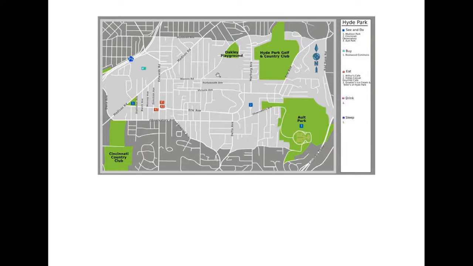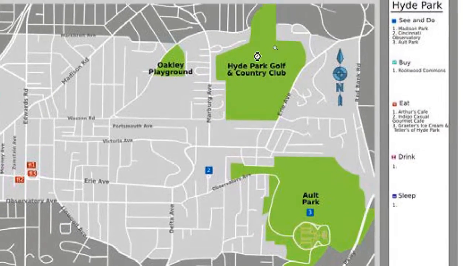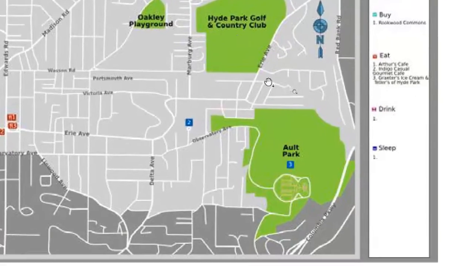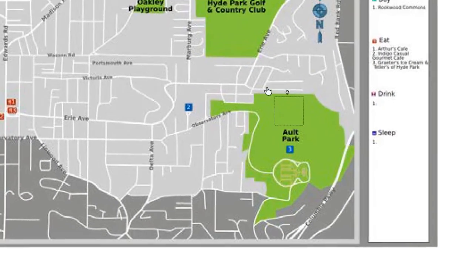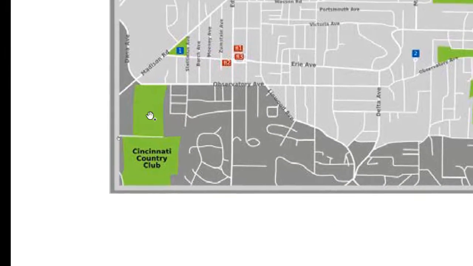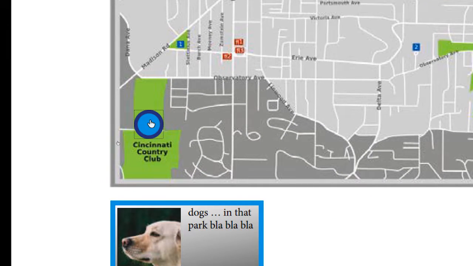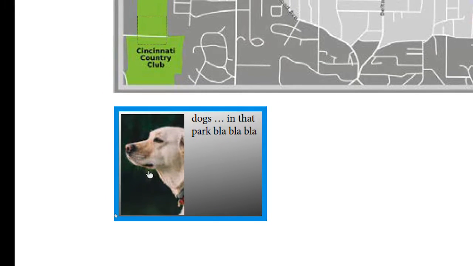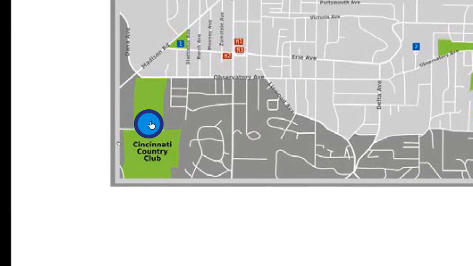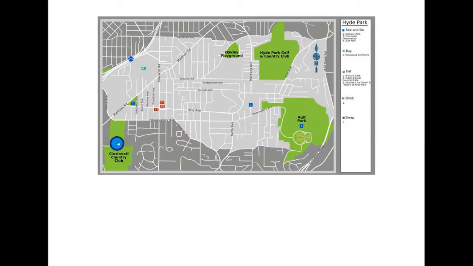And I check the buttons. One button here, one over here, you see. But when I click on it, nothing happens. And the other one, when I click on it, the dog info comes. And when I click on it, it goes. So it is working.